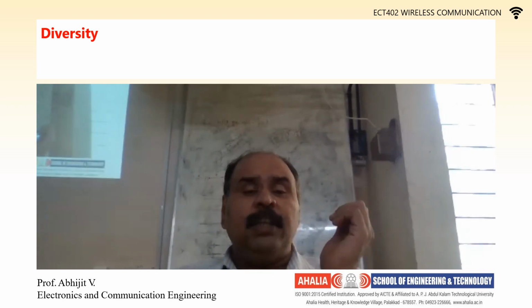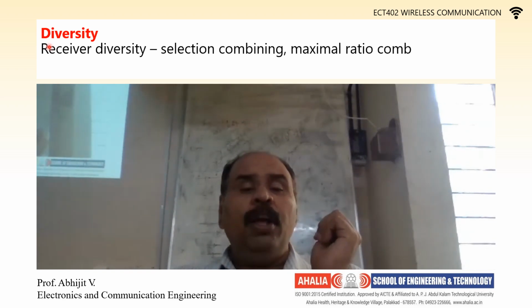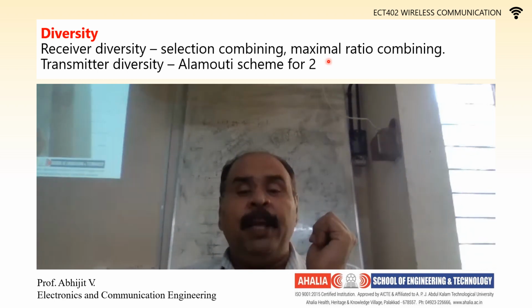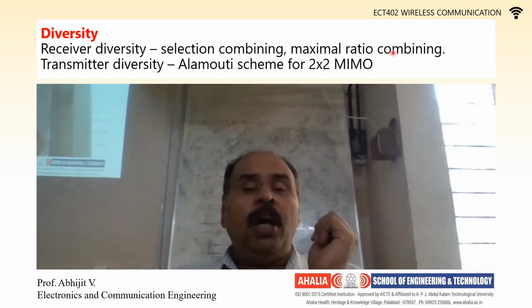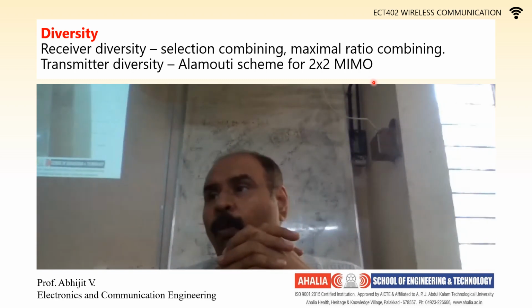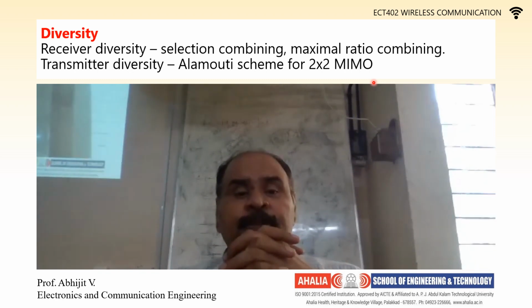According to our syllabus, we will see what are the things that we need to study. Let us have a briefing about the syllabus. Receiver diversity, selection combining, maximum ratio combining, transmitter diversity, Alamouti scheme for 2x2 MIMO. This is the first part, 4.1 of your syllabus.